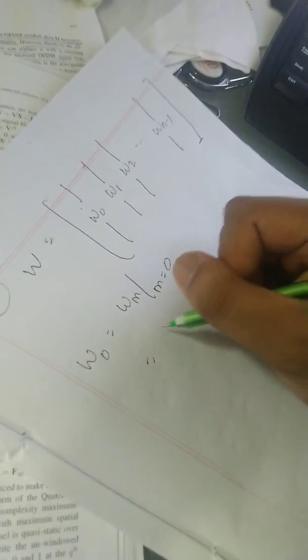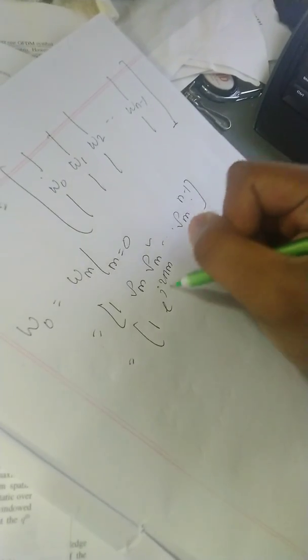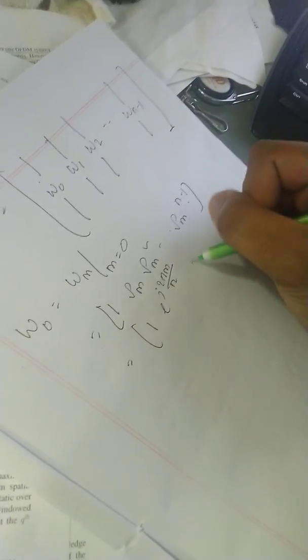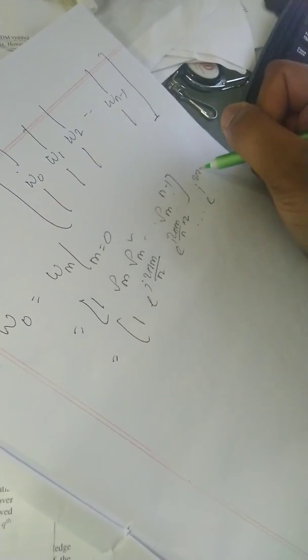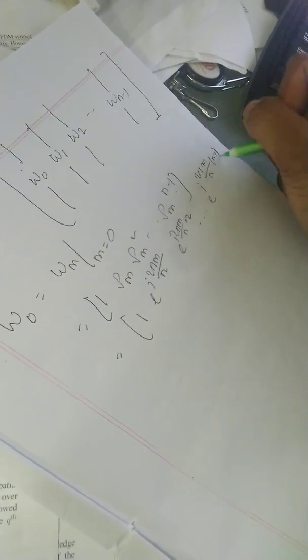What is Wm? It is 1, rho m, rho m squared, up to rho m to the power n minus 1. That's the form of Wm. So what is rho m? It is e to the power j twice pi m over n, so the elements are powers of that up to j twice pi m over n times n minus 1.